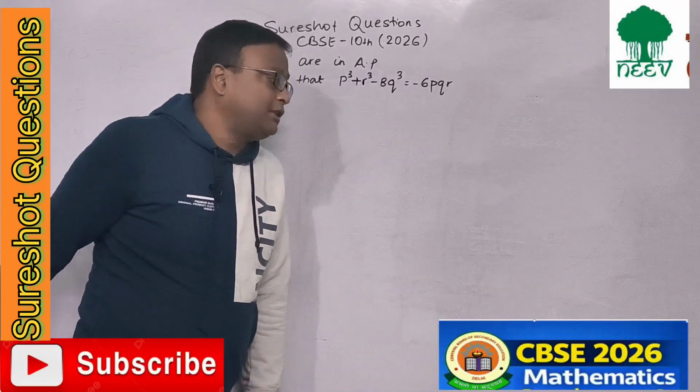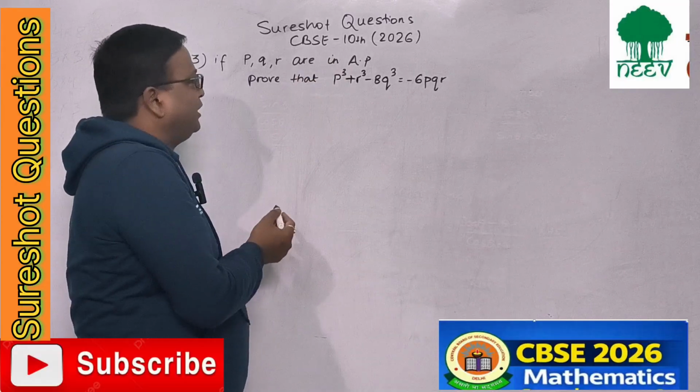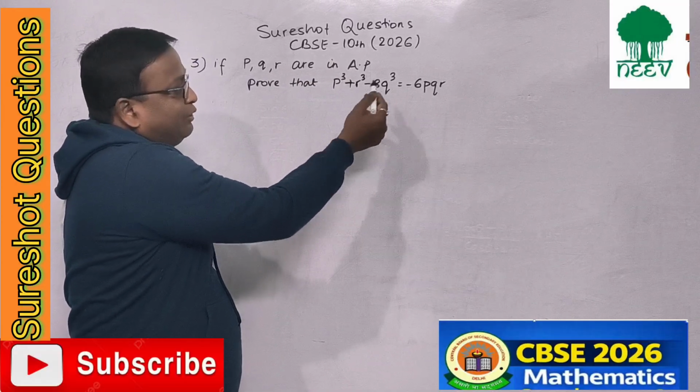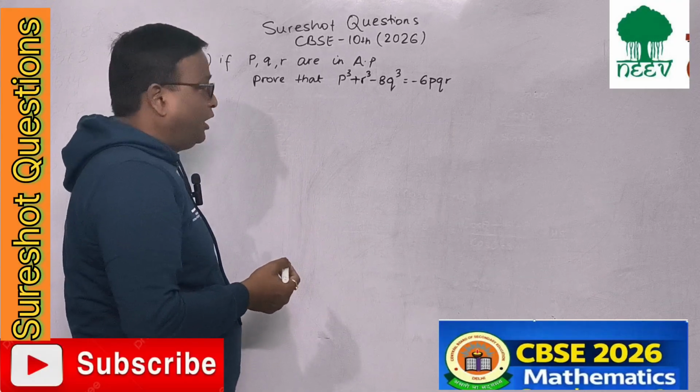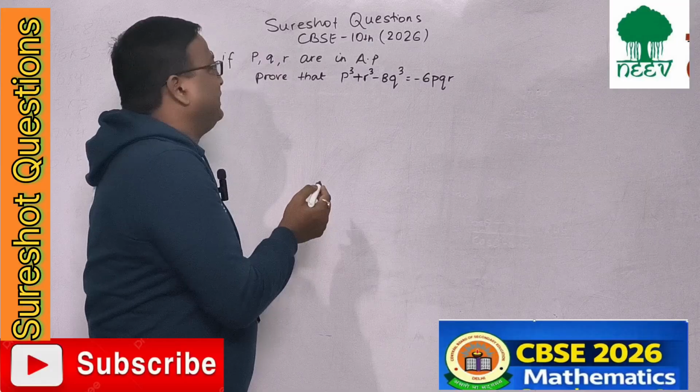So here is the question number 3 for us. If P, Q, R are in AP, we need to prove that P cube plus R cube minus 8Q cube is equal to minus 6PQR. Looks very complex, but let's stick with the basics.